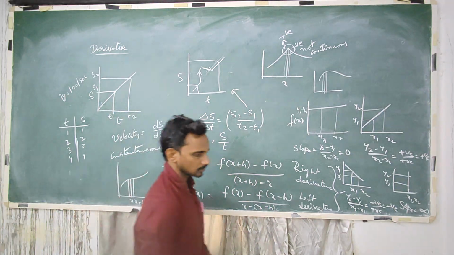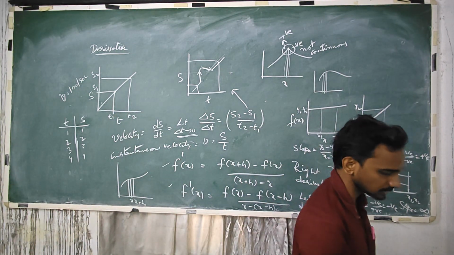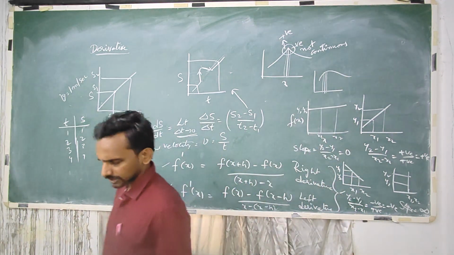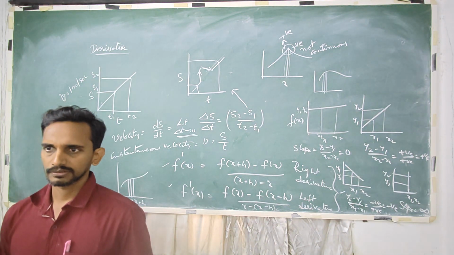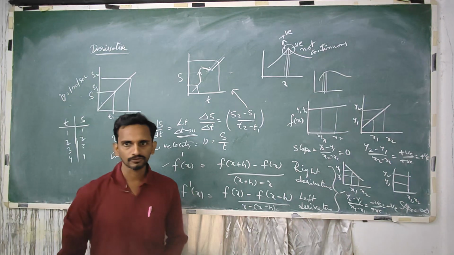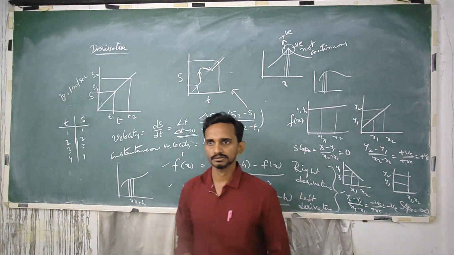Okay. So next we have to look for maxima and minima. You might have come across that. How to find maximum of a function and minimum of a function? We'll be using derivatives.